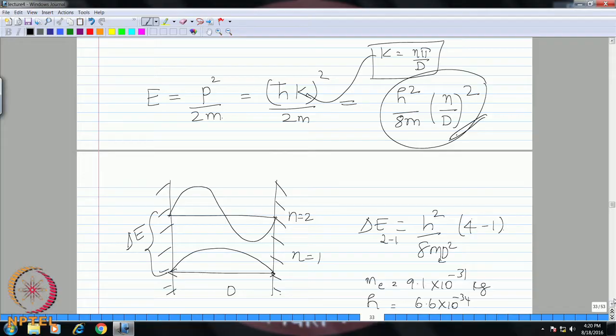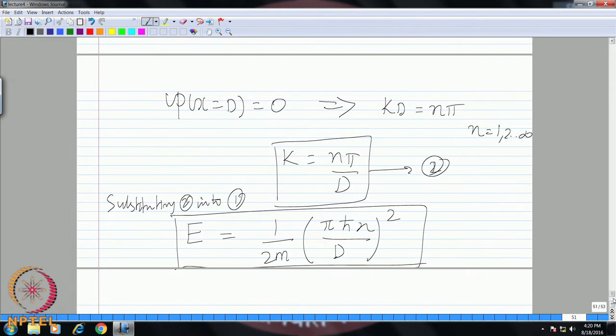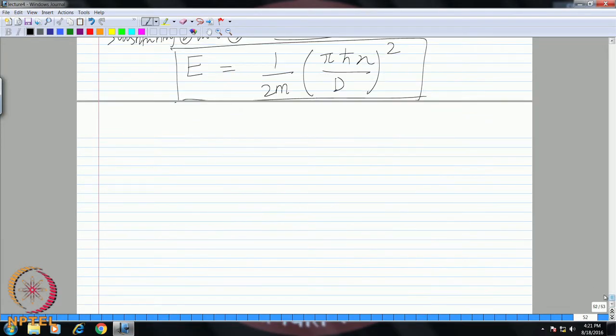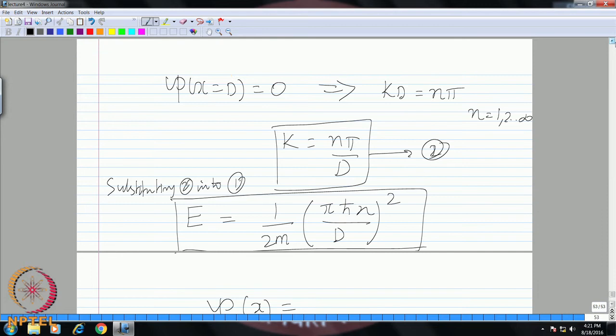Now, through the Schrodinger wave equation, we can arrive at the same conclusion: the wave, the electron wave or whatever is trapped inside this quantum well, is now quantized, okay, and you have different wave functions corresponding to this quantization. So, psi of x will be equal to what?